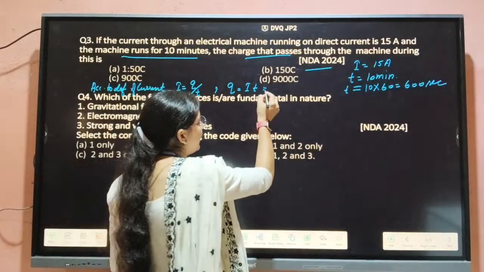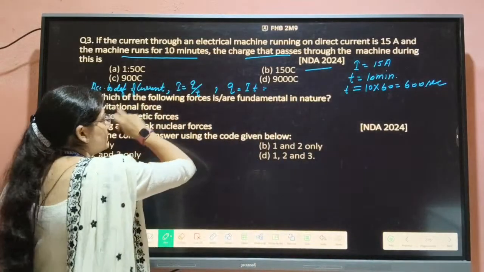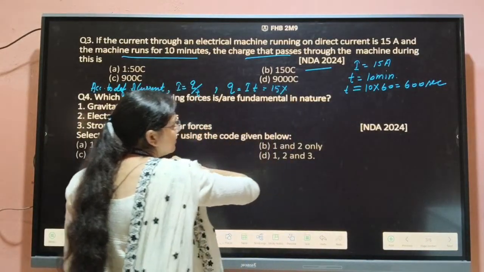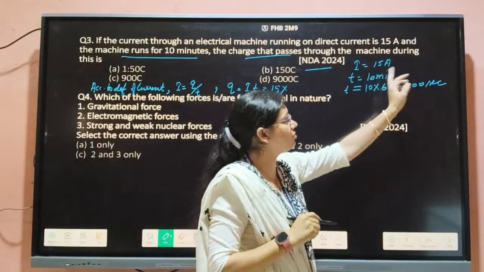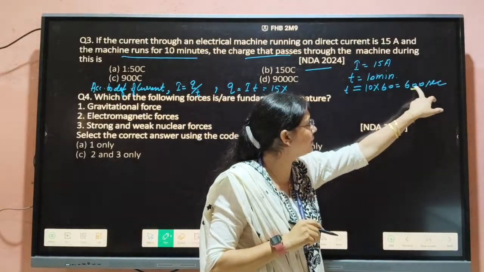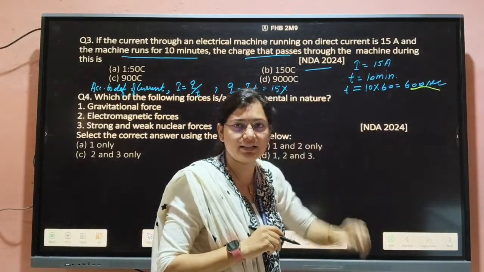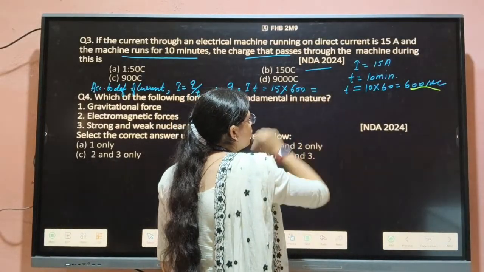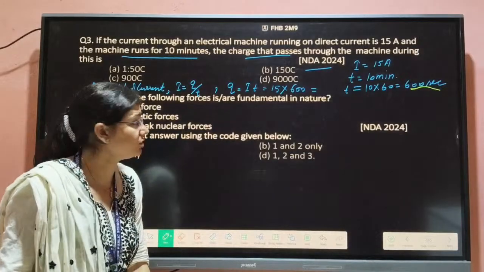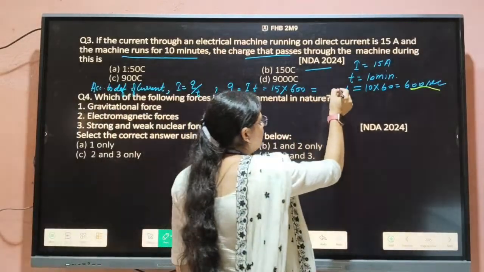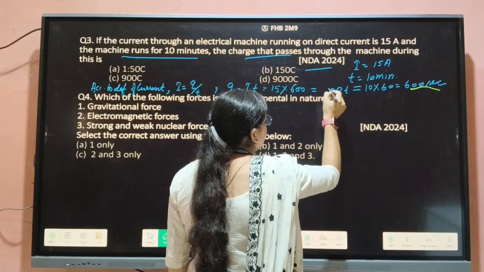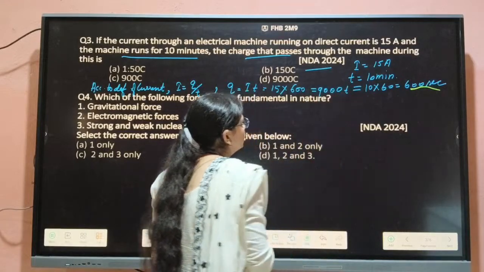Okay, so here I is equal to 15 ampere, and time is given in our question as 10 minutes, which we have to convert into our SI unit, that will become 600 seconds. Then you can write here 15 into 600.